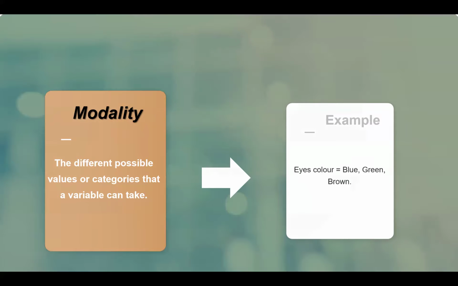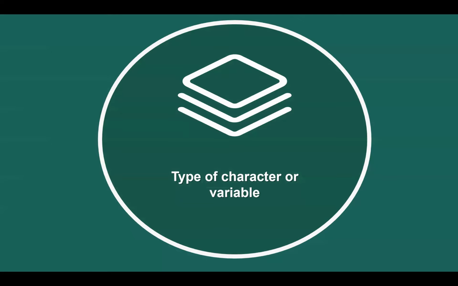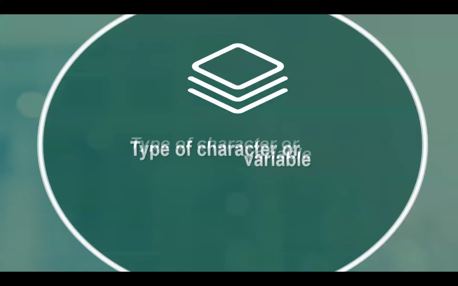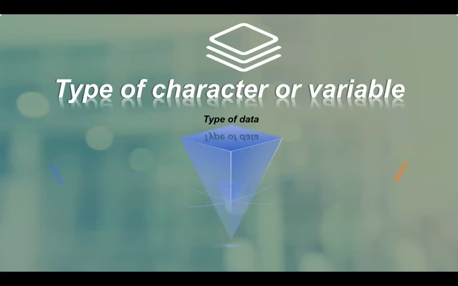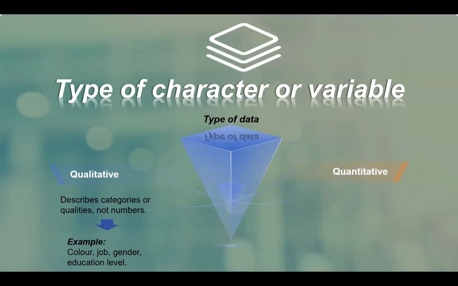Now that we have introduced these basic concepts, let's see how statistical variables are classified. Statistical variables are classified into two main categories: qualitative variables and quantitative variables. Qualitative variables describe categories or qualities, not numbers, for example, color, job, gender, education level.